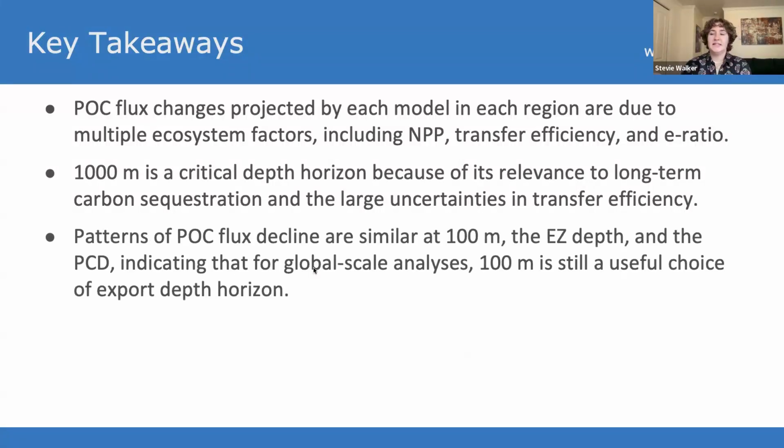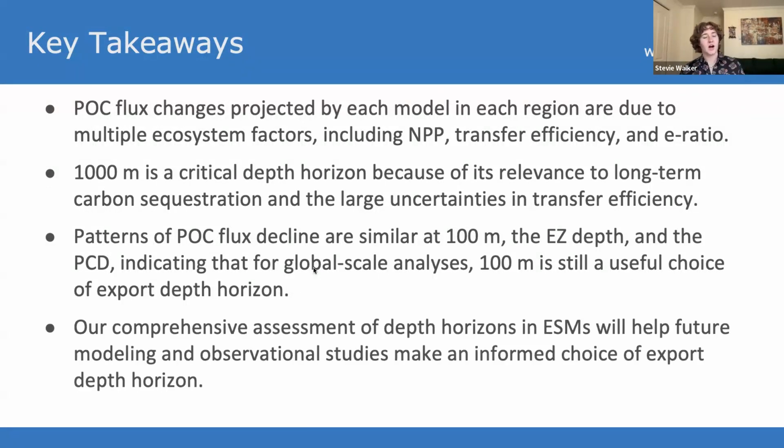And then considering all 5 depth horizons, maybe not everyone has to use these more nuanced depth horizons in their studies. It really depends on the trade-offs between the science questions and the computational expenses.